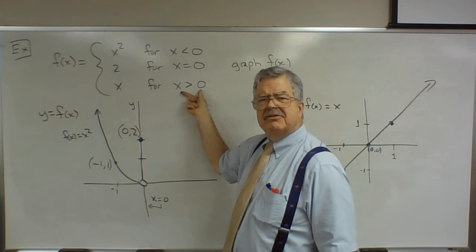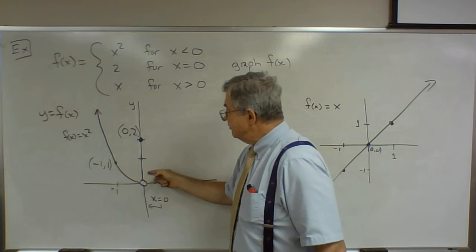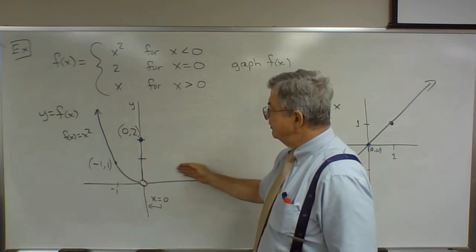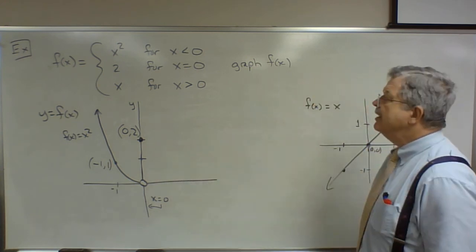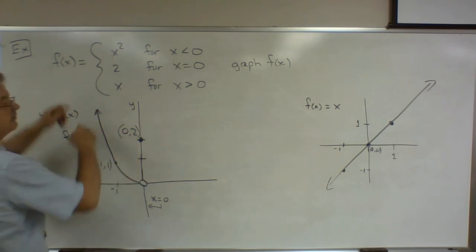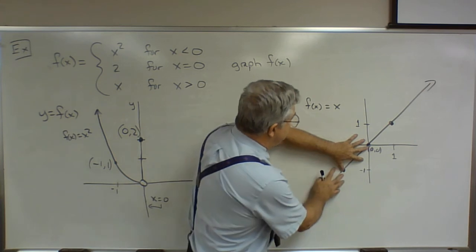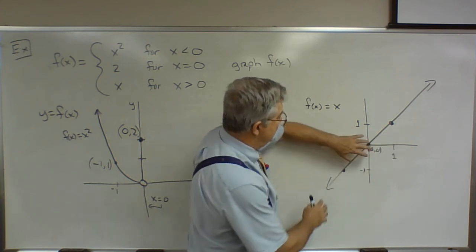And where in the xy plane is x positive? Isn't x positive over here to the right of the y-axis? So to the right of the y-axis, we want the graph of f of x equals x. So we want the portion of this graph that lies to the right of the y-axis.